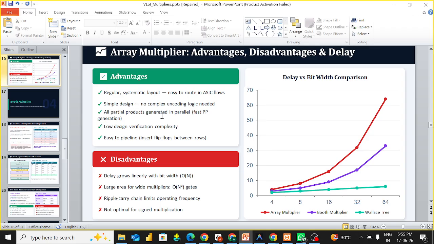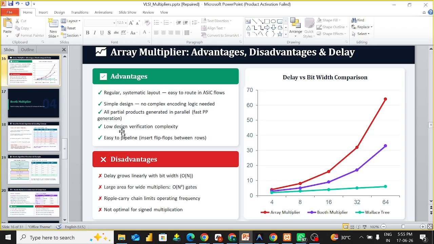All partial products generated in parallel means nothing but bit one of the multiplier is multiplied with the multiplicand, and then the second bit, third bit, fourth bit will be multiplied with that multiplicand, right? So this is how it's going to happen. This all occurs in a parallel way, so that's why partial products are generated fast.